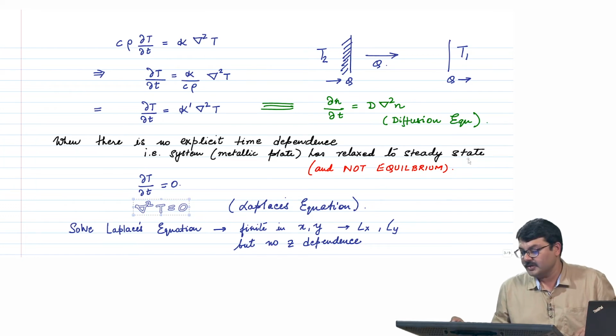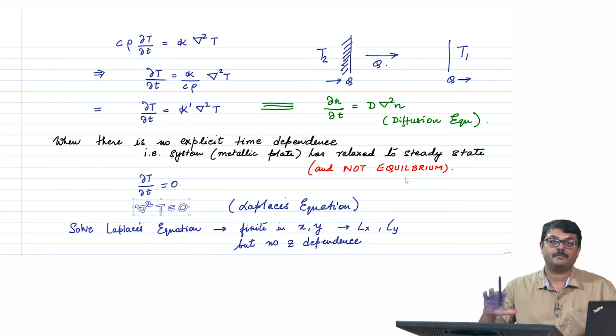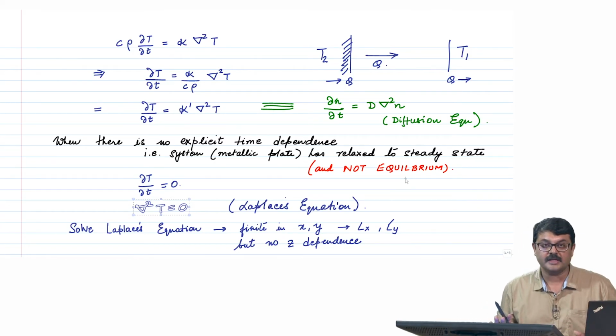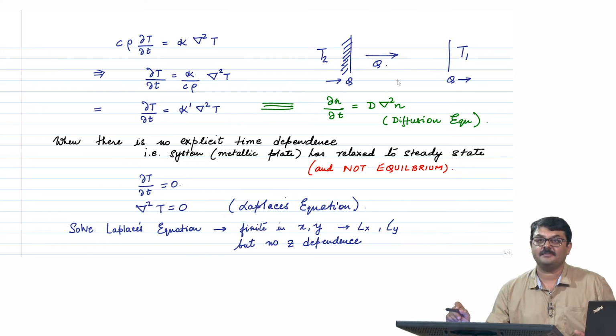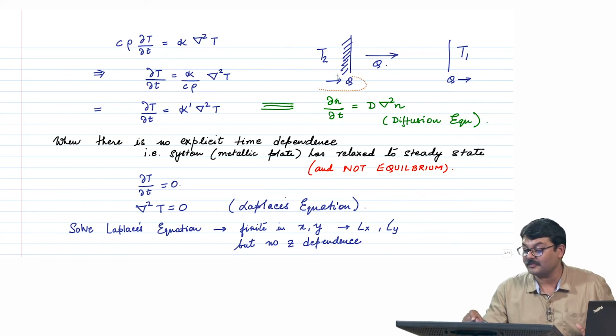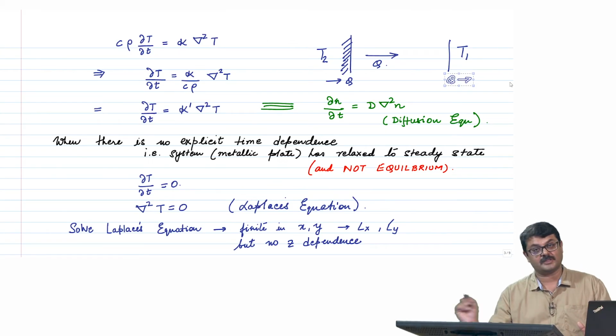Just to remind you, steady state is not equilibrium, because in equilibrium you would have the temperature uniform over the entire space. Steady state means that there will be a heat current: a certain amount of heat is going to enter this end, and in steady state an equal amount of heat is going to leave from the other end.